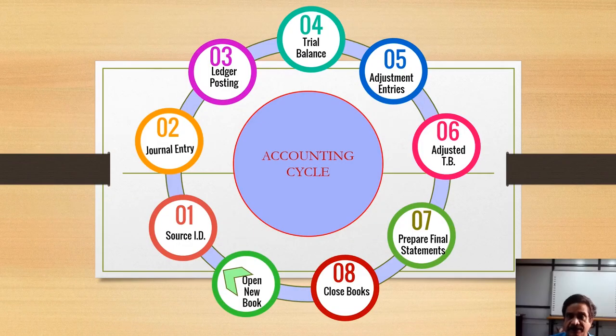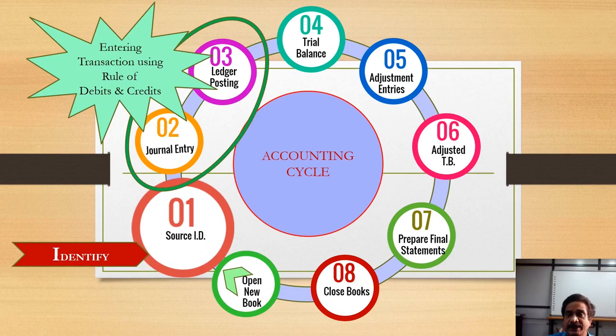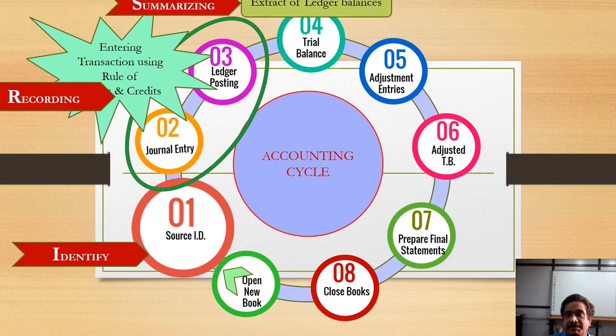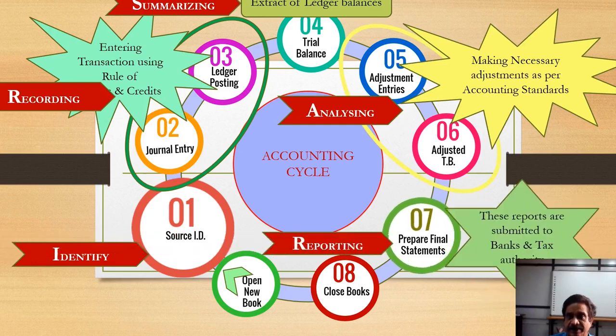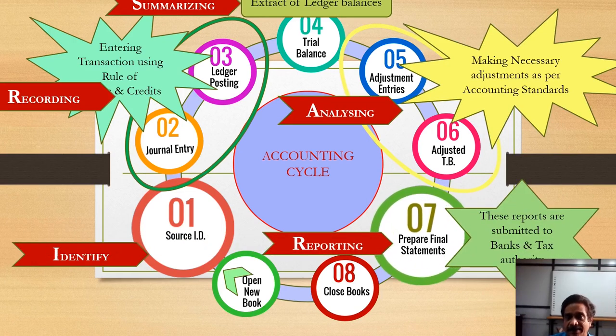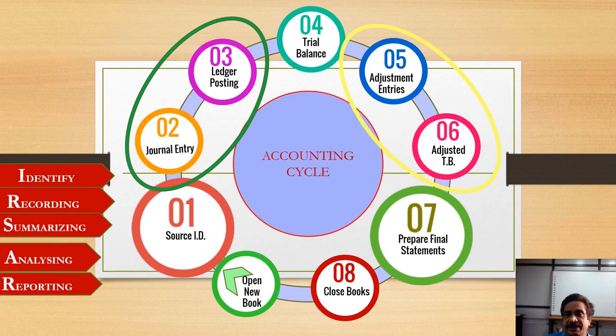We saw that the first thing is to identify the source document, and then recording the transactions using the rules of debits and credits, and then summarizing the transactions that are recorded, which is called as trial balance, and then analyzing each transaction which is not relevant to this accounting period and make proper adjustment entries, and finally reporting them in the final accounting statements. So now you have understood how the accounting process fits in the accounting cycle.